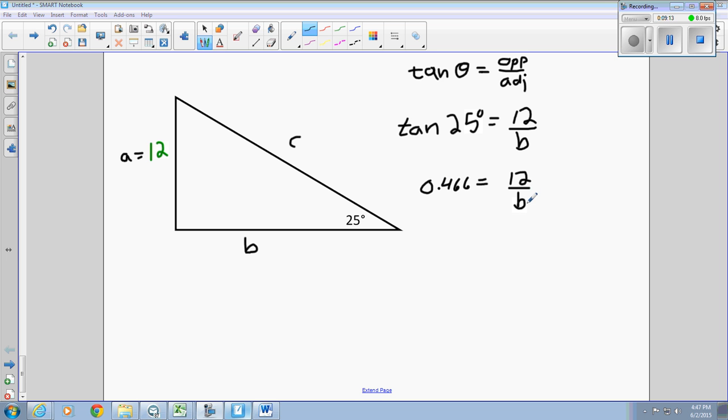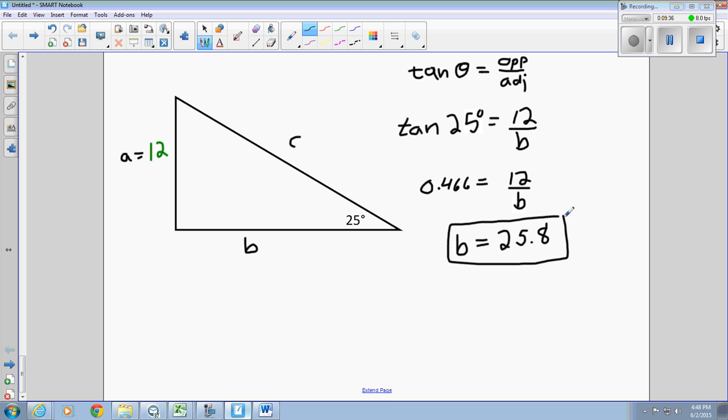Now we've got an algebraic expression where we're solving for B, and we can cross multiply this, multiply both sides by B, and then divide by 0.466. So B is equal to 25.8, rounded. Okay, so we solved that B is equal to 25.8.